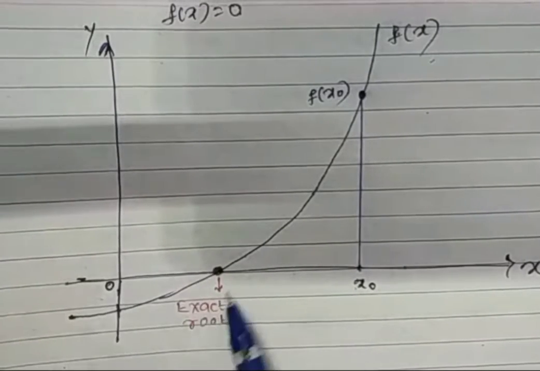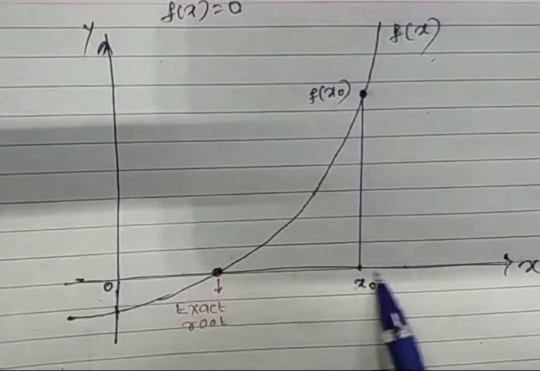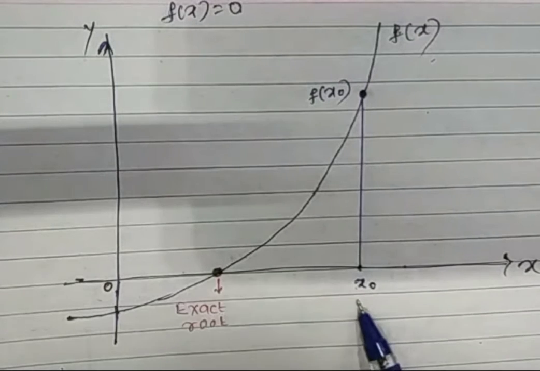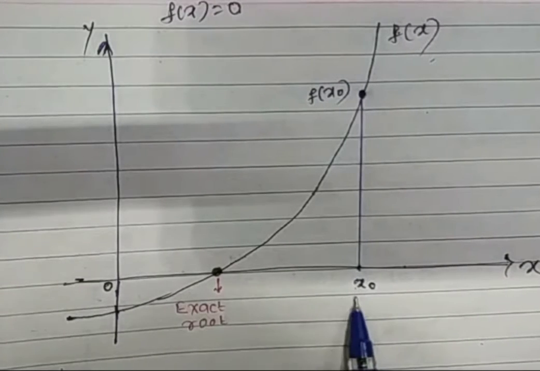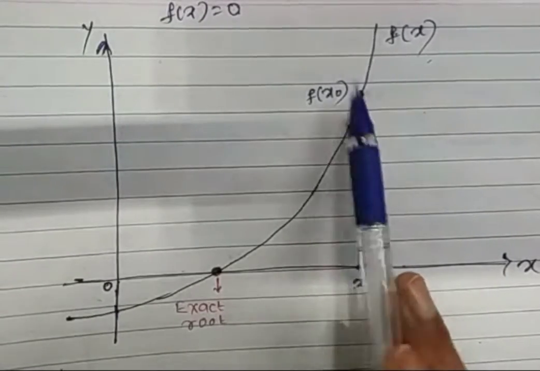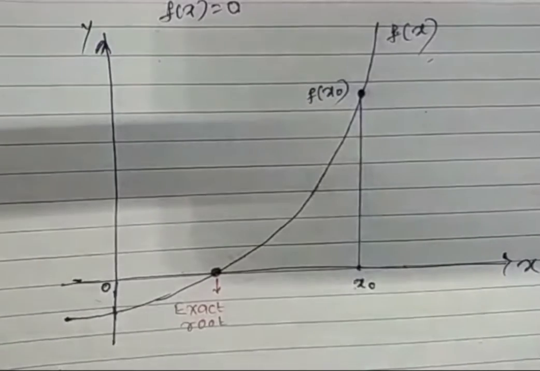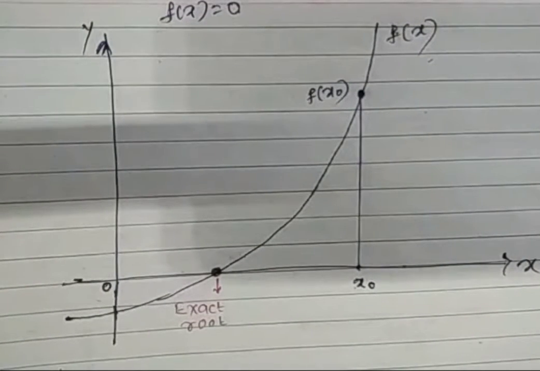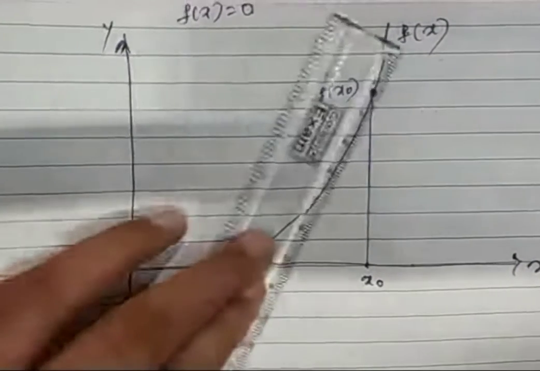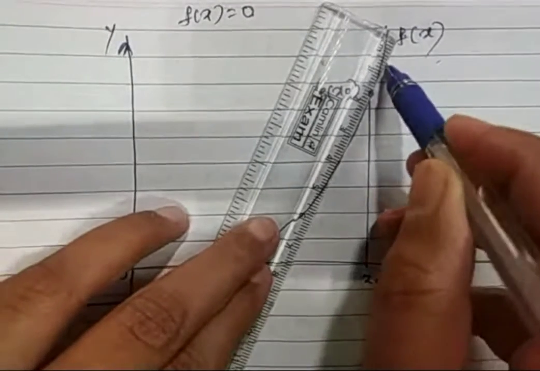How can we reach this point? For that we have to consider one approximate value, call it x naught. From this x naught, draw a straight line to the curve, and this point will be f(x naught). Then at this particular point we have to draw a tangent, so one tangent line we need to draw from here.